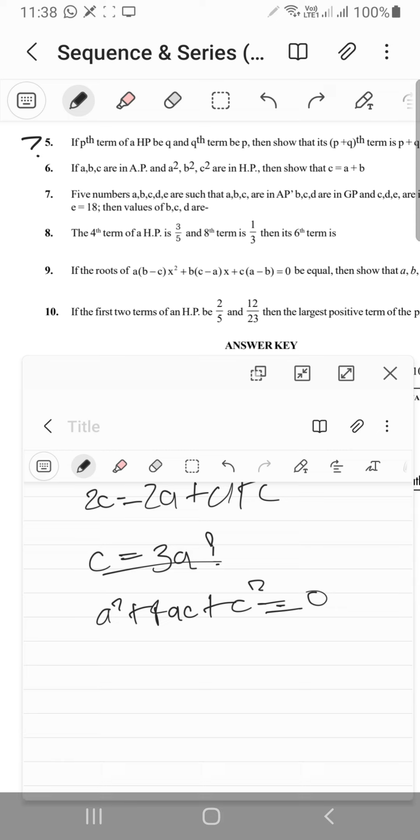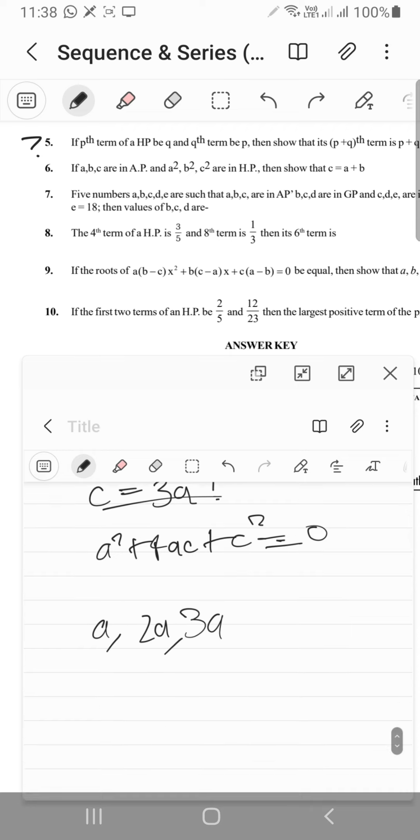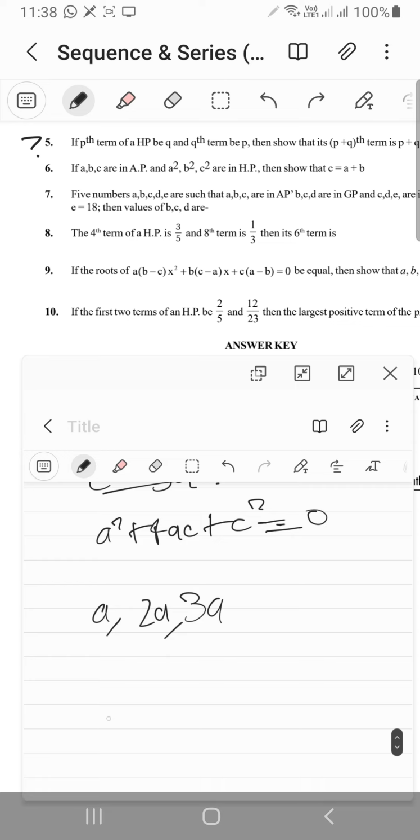C equal to 3a. In that case, you just have a, 2a and 3a. Yeah, these squares are in AP? If the squares are to be in harmonic progression, that would mean 1 upon a squared, 1 upon 4a squared, and 1 upon 9a squared are in arithmetic progression.